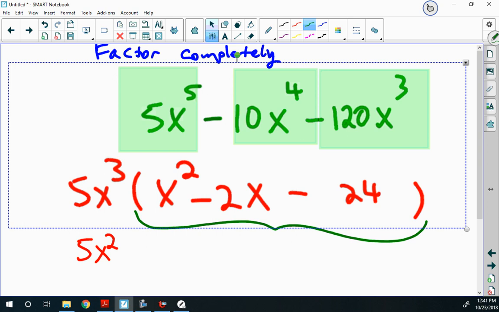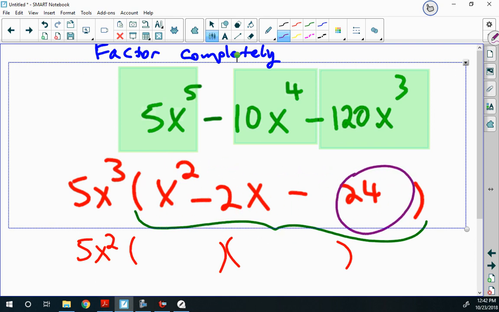Because when we go the other way with it, guess what we're doing? This is what factoring is all about. Factoring is unfoiling. Foiling is multiplying. Factoring is unfoiling, unmultiplying.